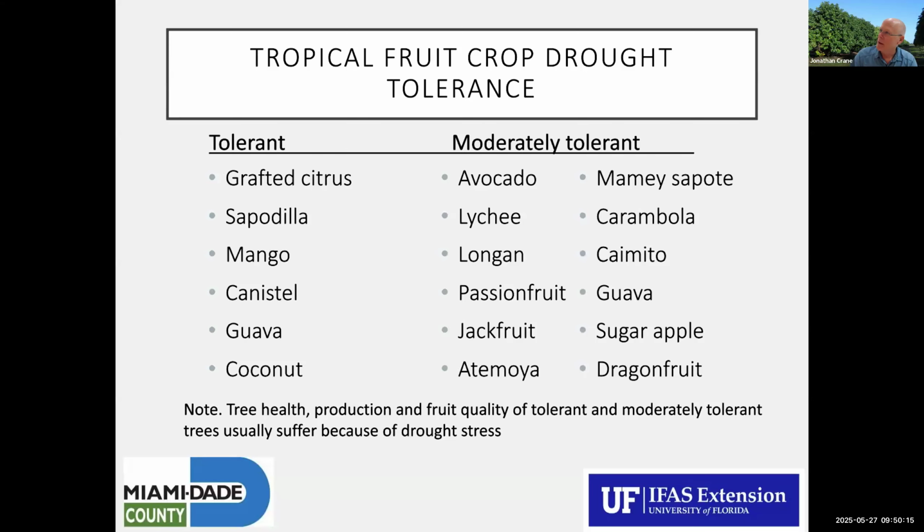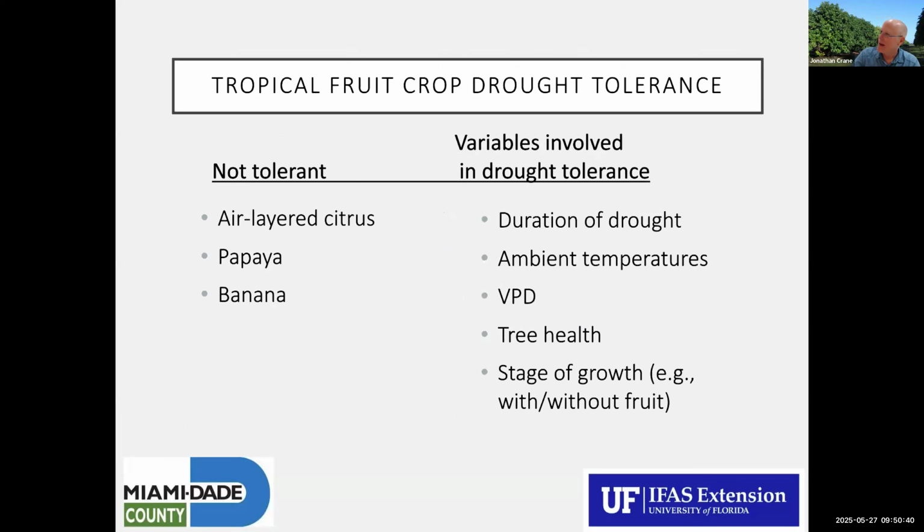This is a list of some of the tolerant species. Just because they're tolerant does not mean that drought stress is a good thing for them or that they're going to do well, but they'll survive. That's the idea. There's a longer list of moderately tolerant ones, tropical fruits there. And then generally not tolerant, layered citrus.